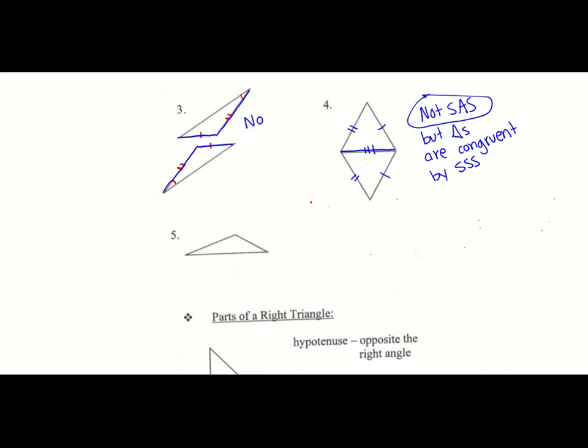Okay, and our last one, number 5, it is missing a triangle here, so I'm just going to scribble this one out and we're going to redraw it over here. This is what it's going to look like. We have something that looks like this. That's not very straight. Let's try that again.